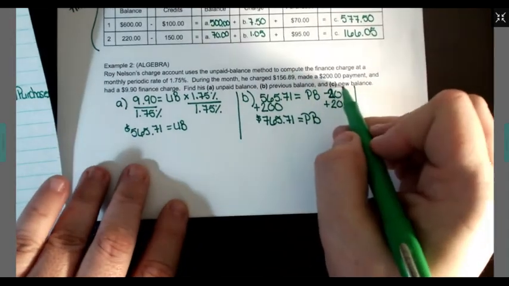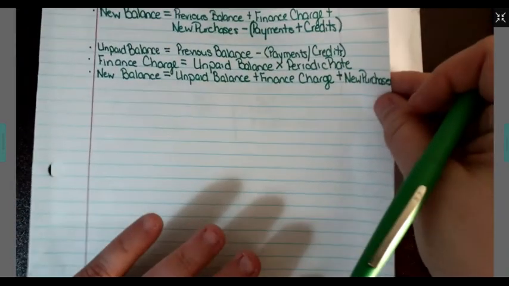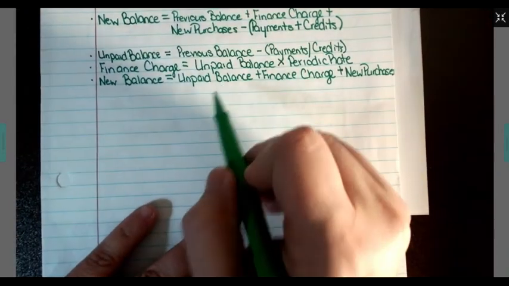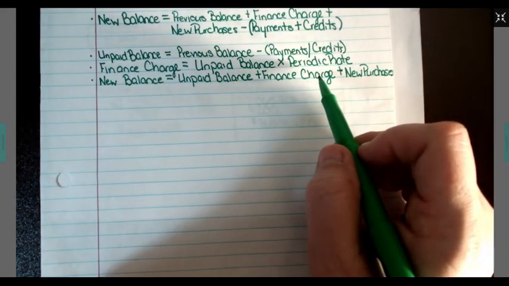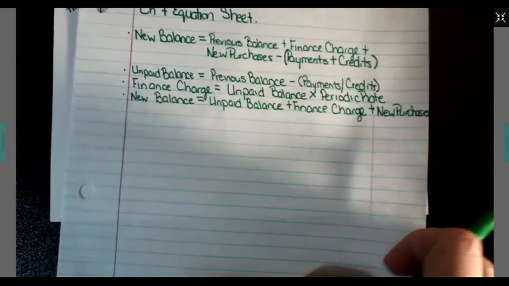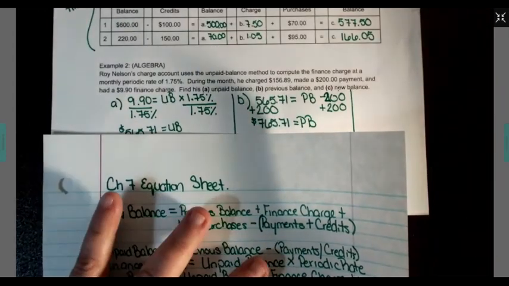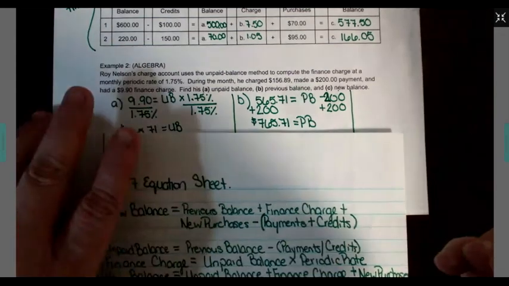Third, it asked me to find my new balance. New balance says, take your unpaid balance. Well, that was answer A. Take your finance charge. That was $9.90. And take your new purchases, which it gave me in the problem, of $156.89, and add those three together.